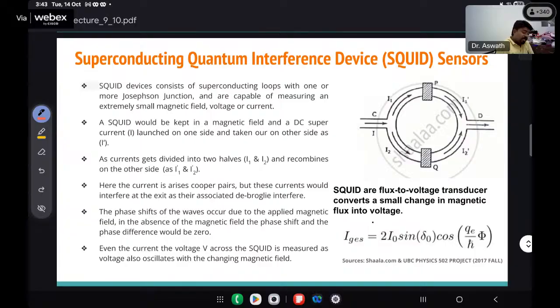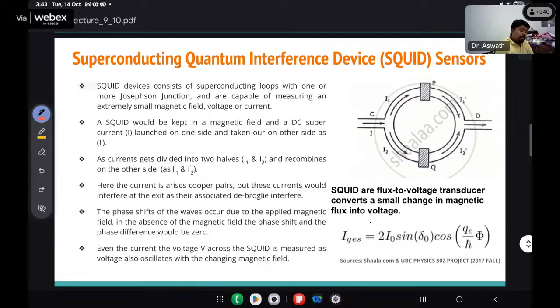Some other solid state sensors are superconducting quantum interference device sensors. These are called SQUIDs. In the SQUID, what I have here is a superconductor between a conductor. You create some kind of a wedge structure, and you send a current through in one direction.